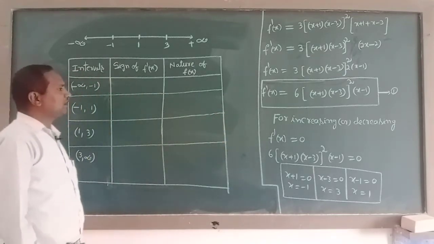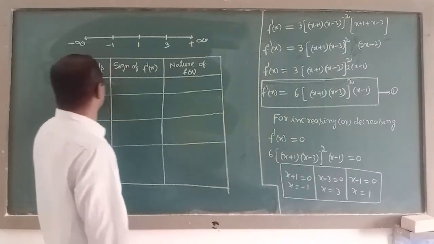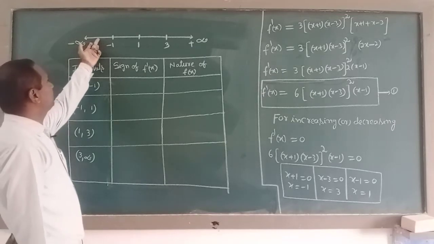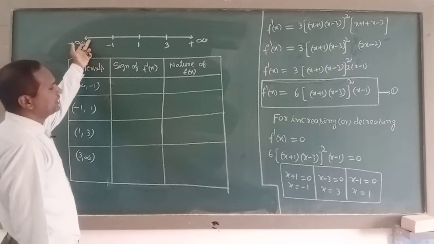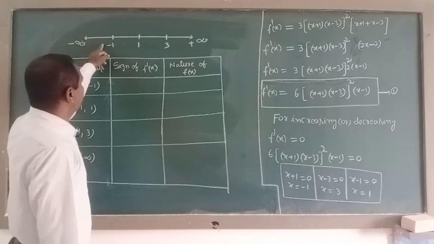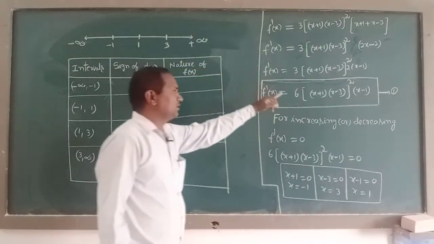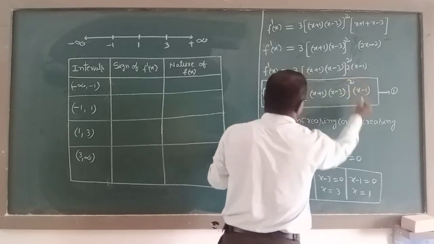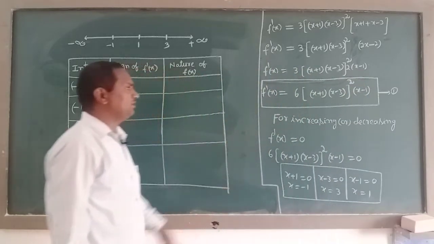Minus infinity comma minus 1 is there. Before minus 1, numbers like minus 2, minus 3, minus 4, minus 5 will come. Just substitute minus 2 here. Already for these two, the square is there, which means it is always positive.